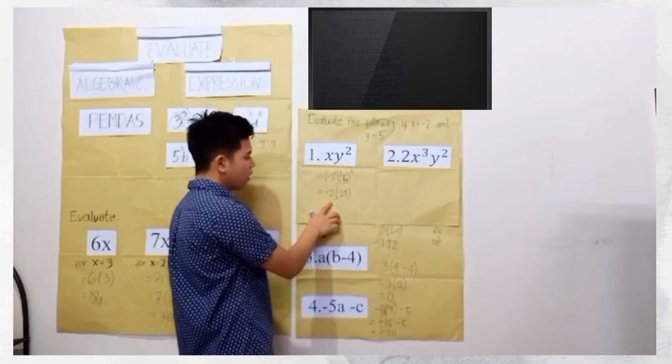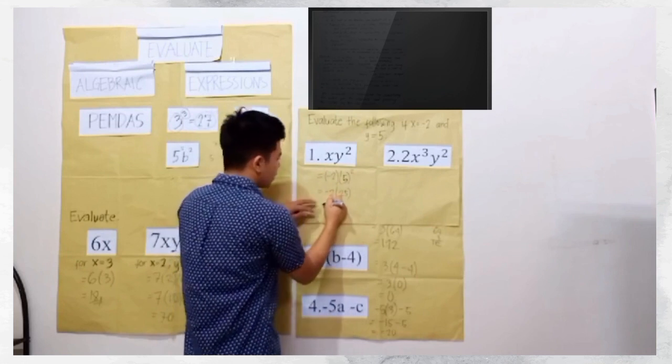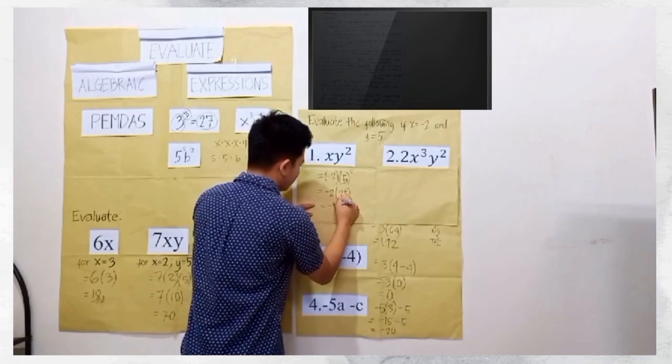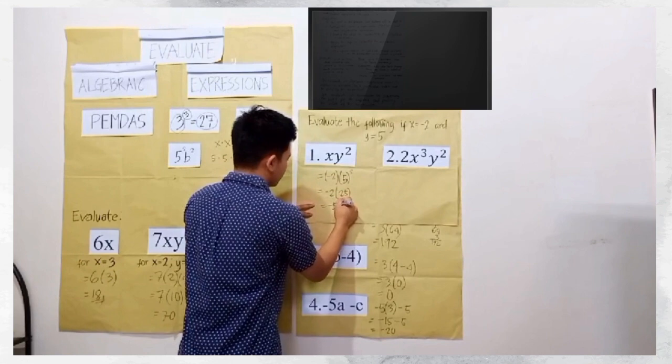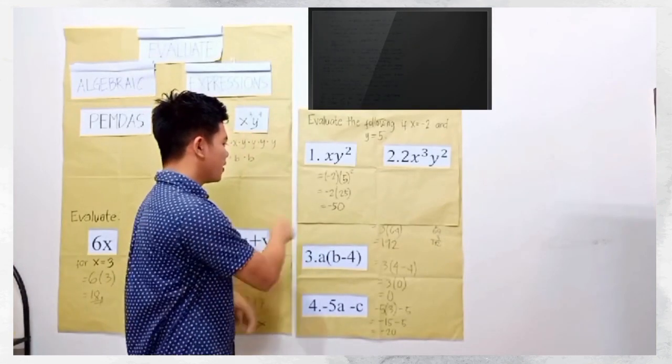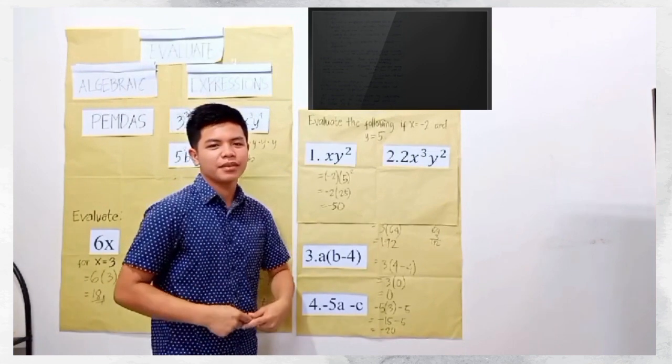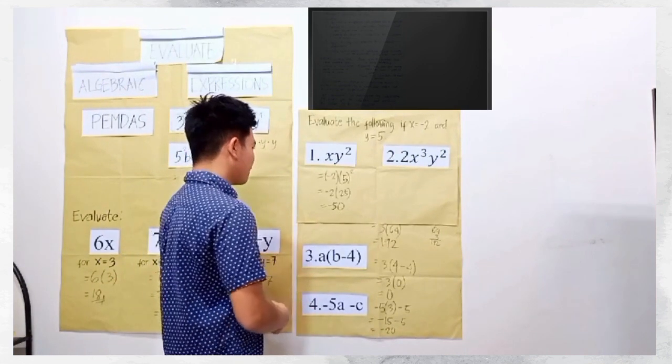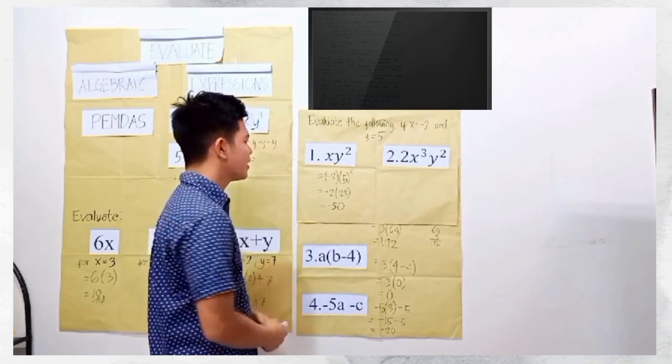And negative 2 times 25 is equal to negative 50. Which group has the correct answer for number 1? Okay, very good. All of you got the correct answer.